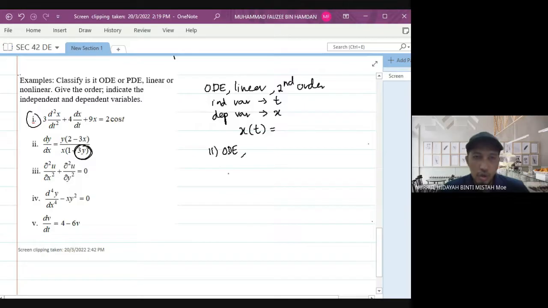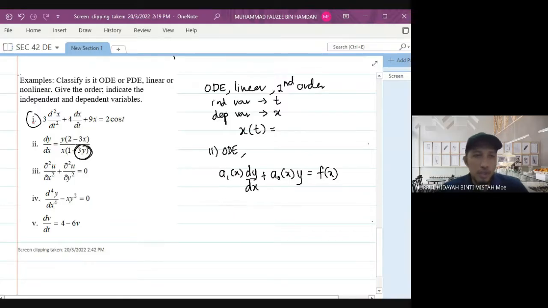The standard form of first order is a1(x) dy over dx plus a0(x) y equal to f(x). Try to write into this standard form to identify whether it is linear or non-linear.